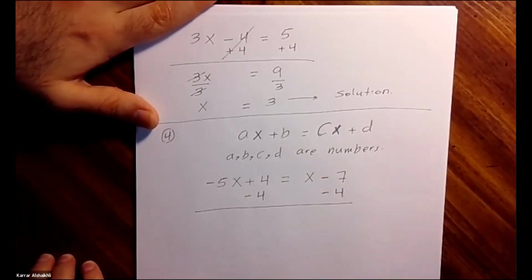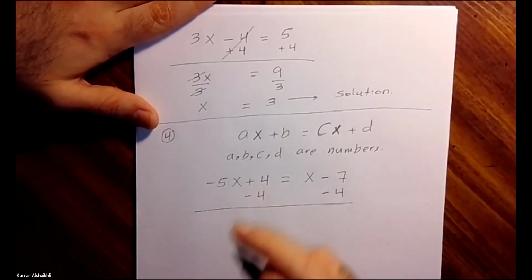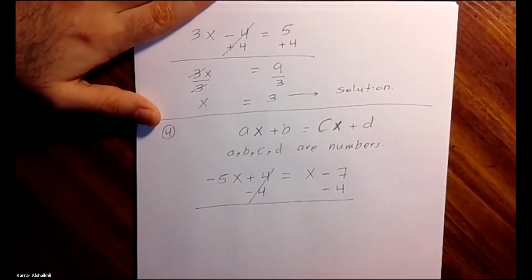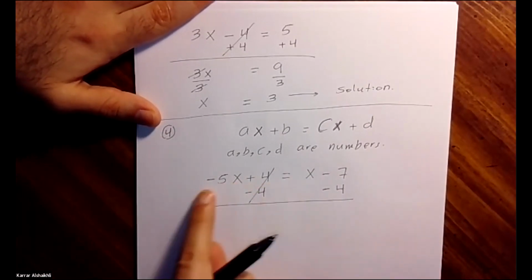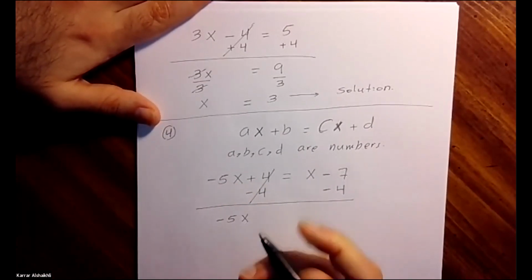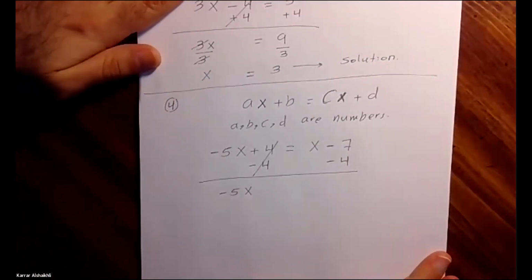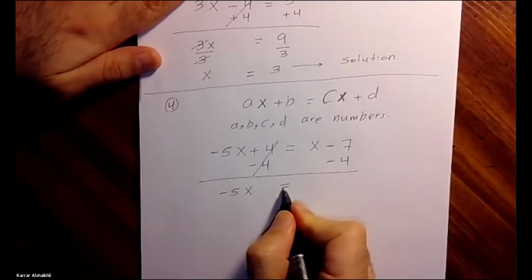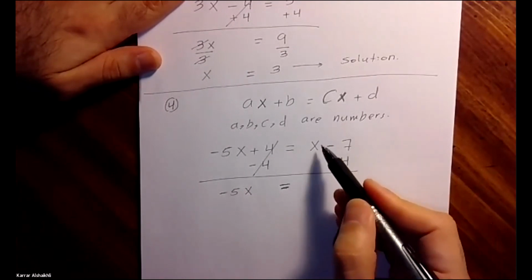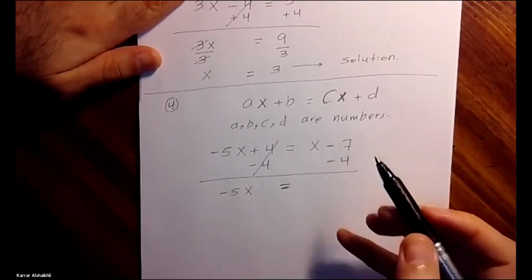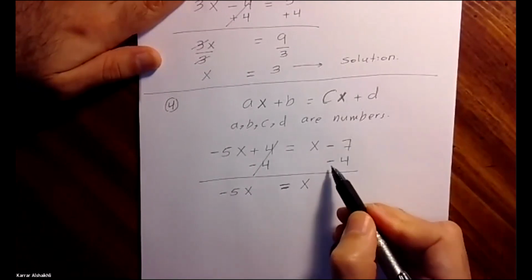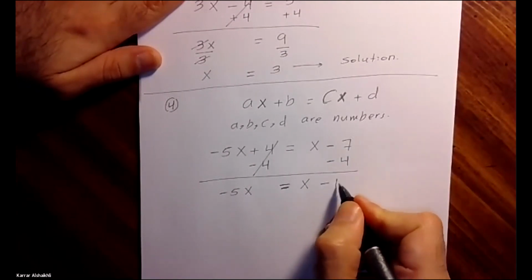This is step 1. 4 minus 4 is going to be 0. The leftover from the left side is -5x. Here is the equal sign. The leftover from the right side is x, -7 minus 4 is going to be -11.